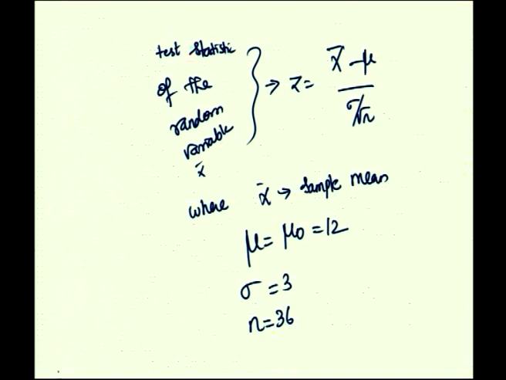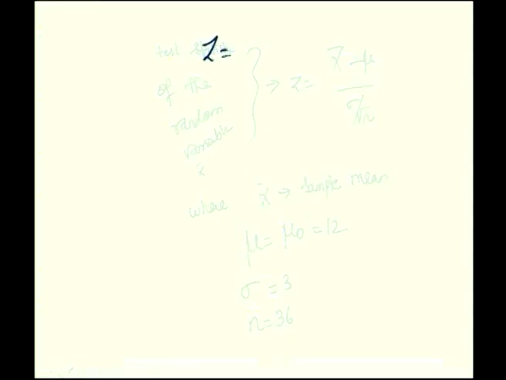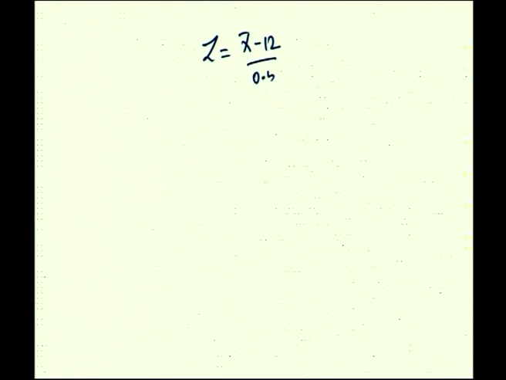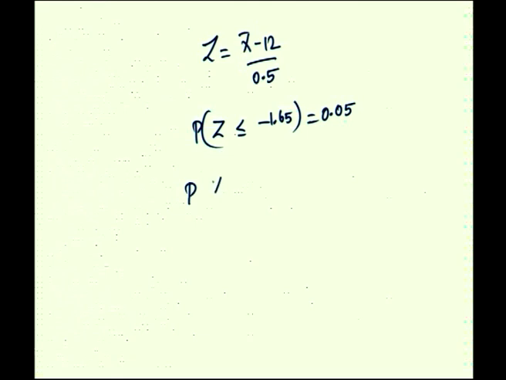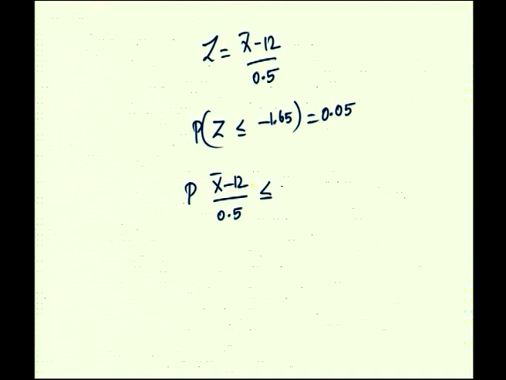Substitute all these values, then z is equal to x bar minus 12 by 0.5, and you have P of z less than or equal to minus 1.65 equal to 0.05. Therefore, substituting for z, x bar minus 12 by 0.5 is less than or equal to minus 1.65.